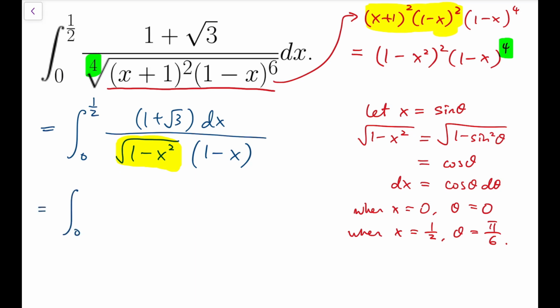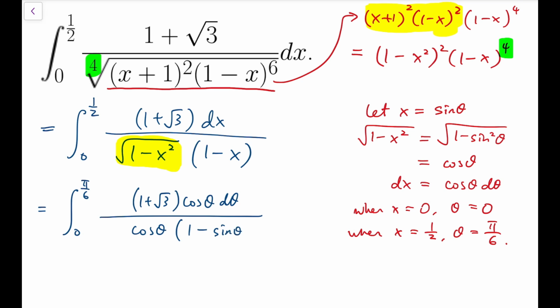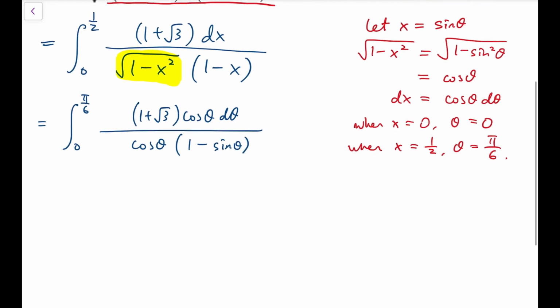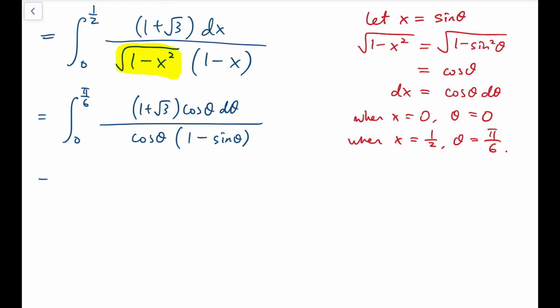So the integral becomes from 0 to pi over 6 of 1 plus root 3, all multiplied by cos theta d theta divided by cos theta multiplied by 1 minus sine theta. And so I can take out 1 plus root 3 from the integral, and the cosines cancel out, and what remains is just 1 minus sine theta.